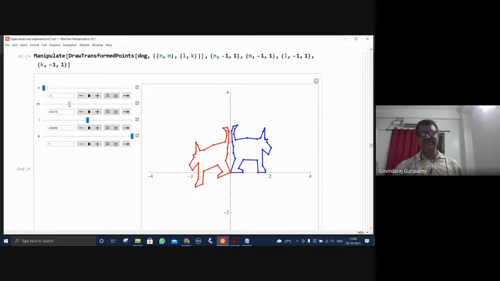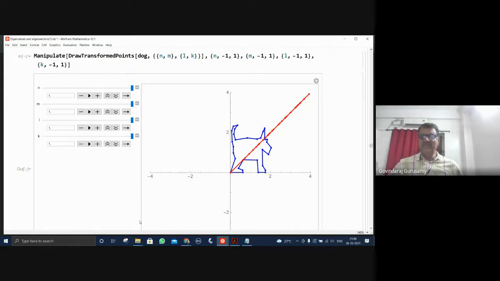All this is done by this matrix. And at particular points, you become a line. This is the typical eigenvalue situation, is it not? Yes, sir. This is the typical eigenvalue situation.